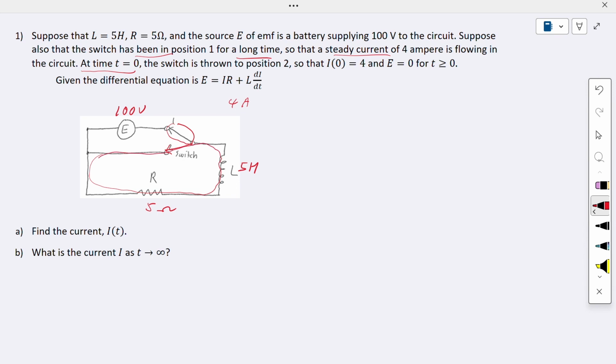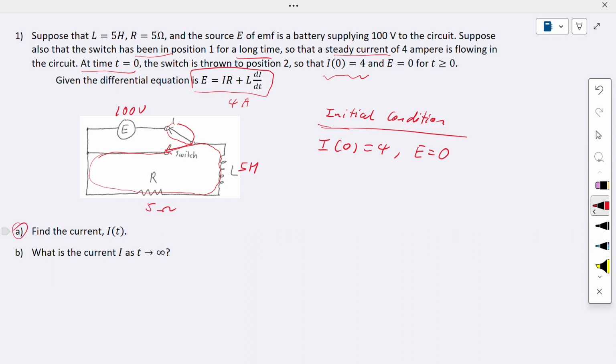Now at this moment, at time t equal to 0, these are our initial conditions, which is I of 0 is equal to 4 ampere and E is equal to 0. So we have already been given these. Now find the current I(t).